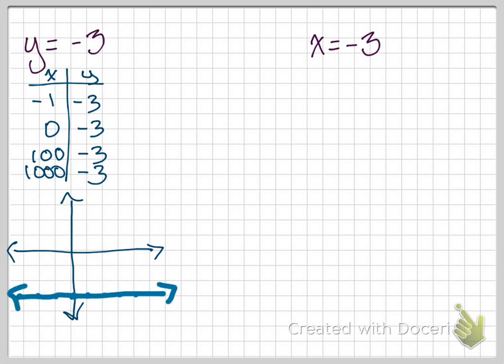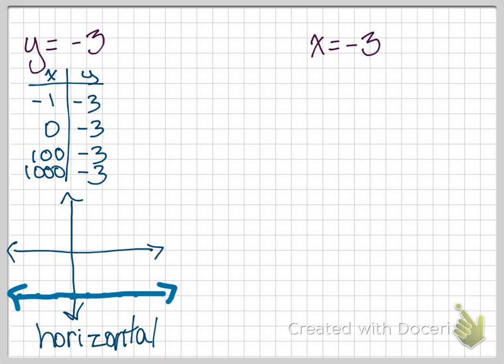Is that horizontal or vertical? It's horizontal because it's horizon. Okay? So y equals anything, y equals a number, you are going to end up with a horizontal line. This is a function. My horizontal lines are functions.